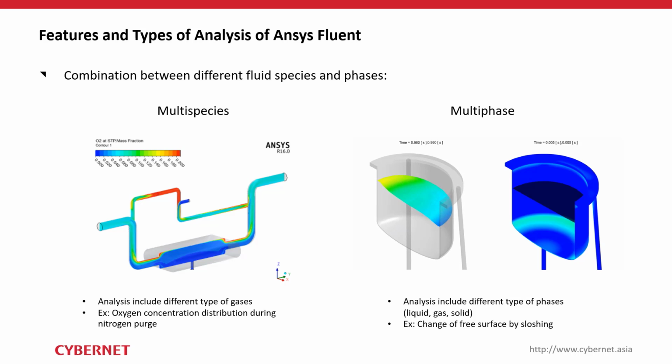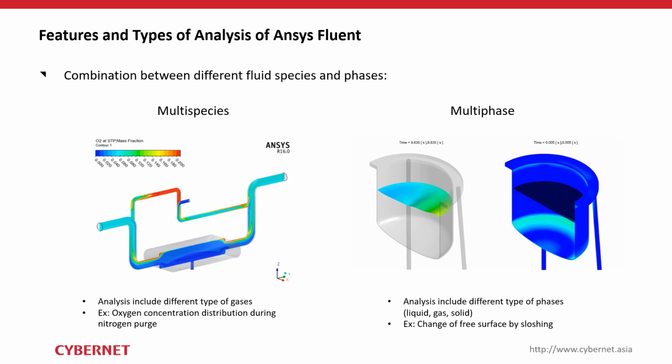You can also combine different types of fluid species or fluid phases in a certain confinement in the same fluid domain as well. So multi-species flow analysis can be done with Ansys Fluent. This analysis includes different types of gases, essentially. Say, for example, the concentration distribution during nitrogen purge. We can evaluate the mass fraction of the oxygen and also the mass fraction of the nitrogen inside this fluid domain.